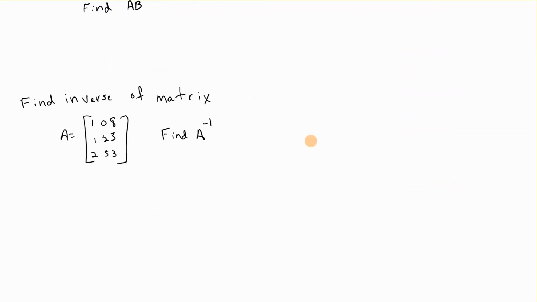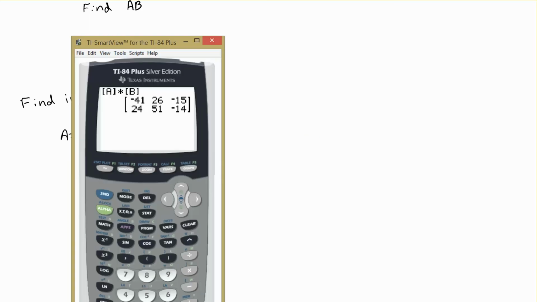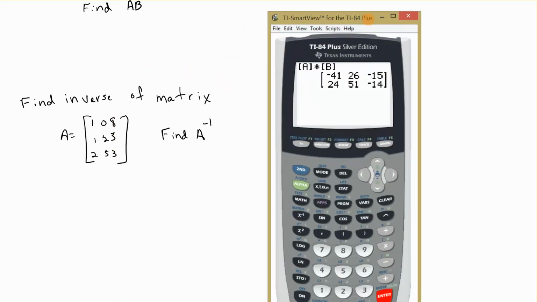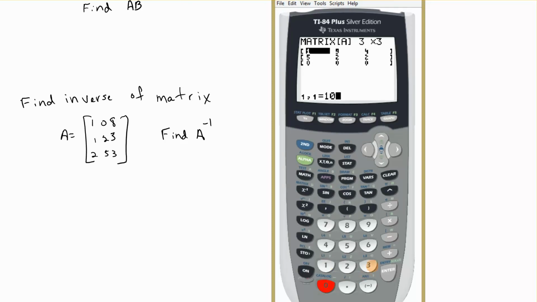Finding the inverse of a matrix, you would do essentially the same thing. You're going to go put it in. Edit, and this is a 3 by 3. So we've got 1, 0, 0, 8, 1, 2, 3, 2, 5, 3.